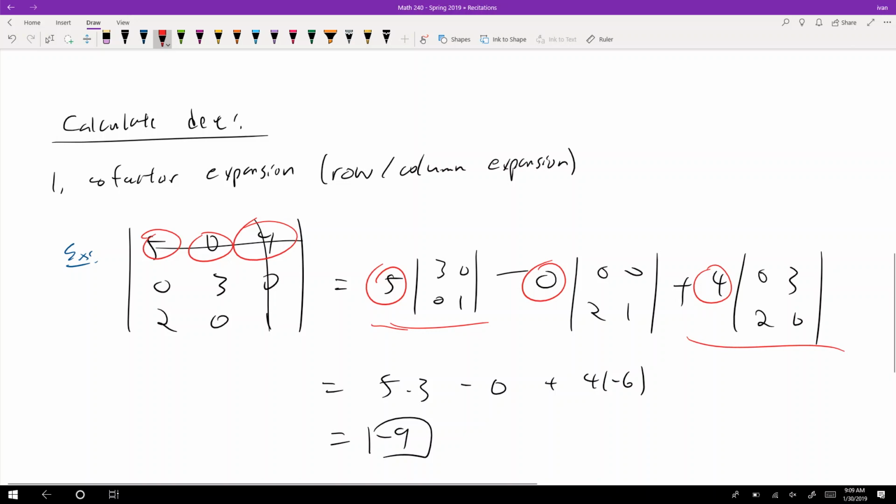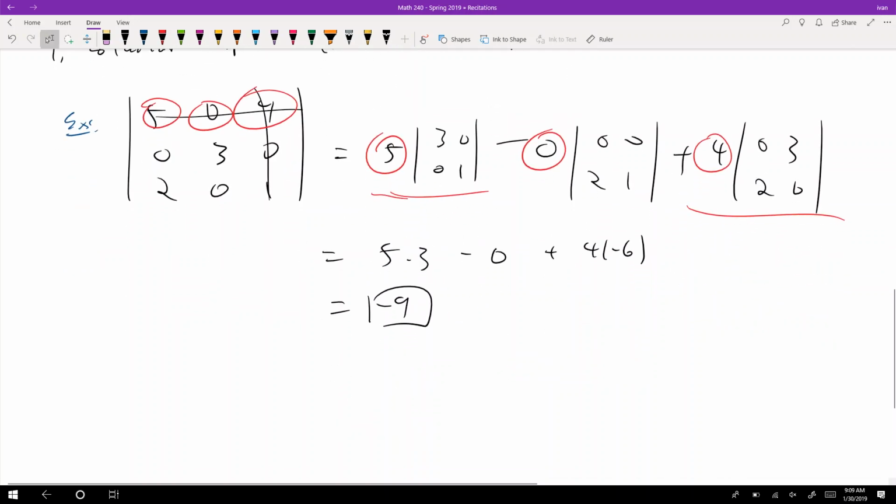I can actually expand along one of the rows or one of the columns where I only have to do one calculation. Does anyone see what row or what column that would be? 0, 3, 0. Yeah, so I could expand along the second row or the second column. In that way, I only need to do one calculation because I have 2 zeros. So let's see that in action.